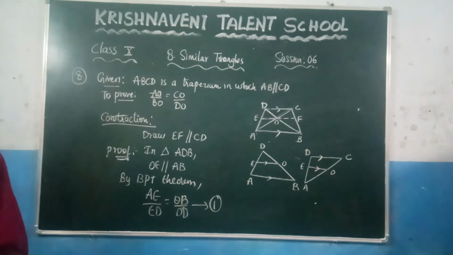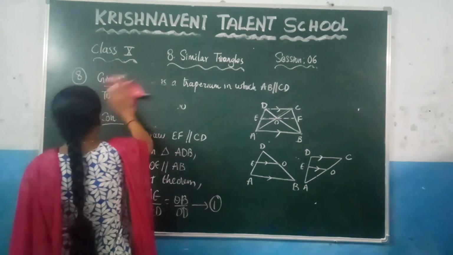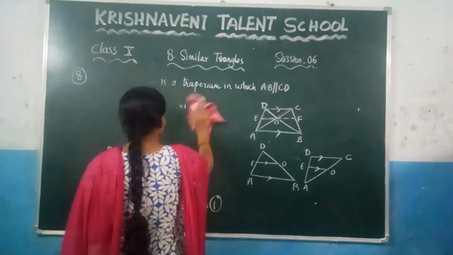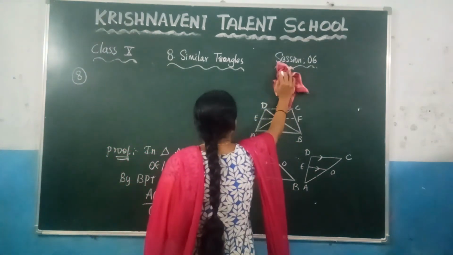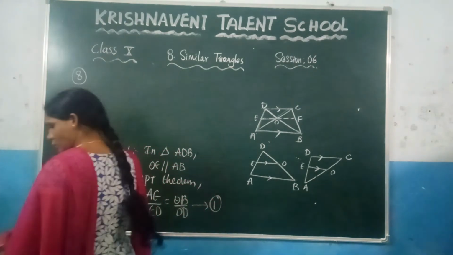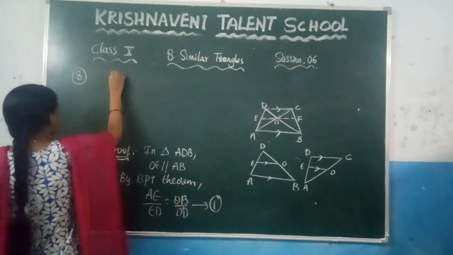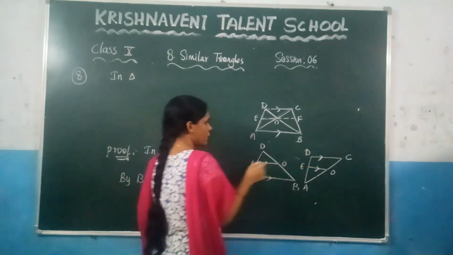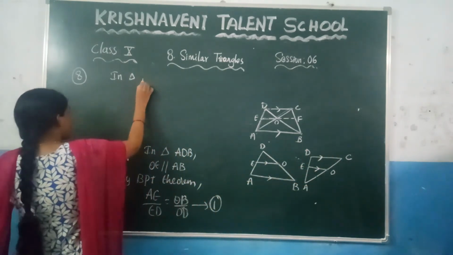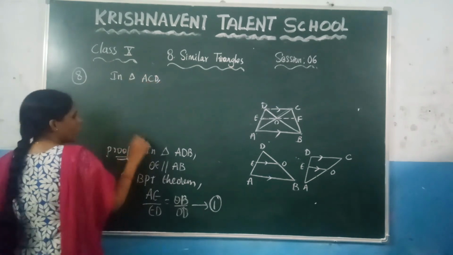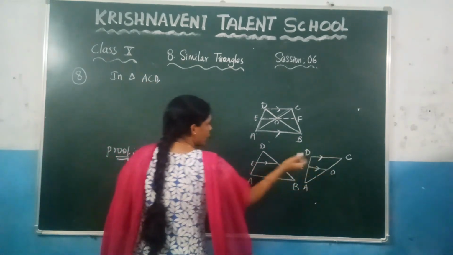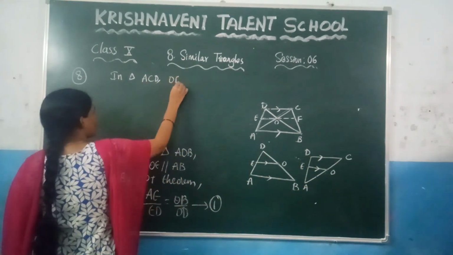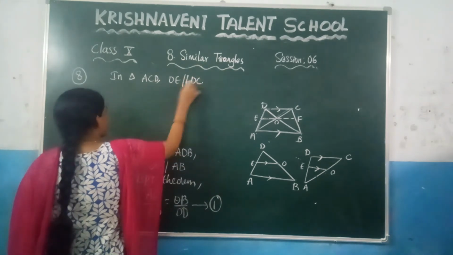And after that you need to choose one more triangle. So which triangle have we chosen here? It is ADC. So write it here, in triangle ACD, what we got is OE is parallel to DC.